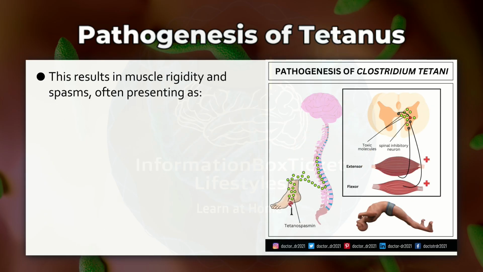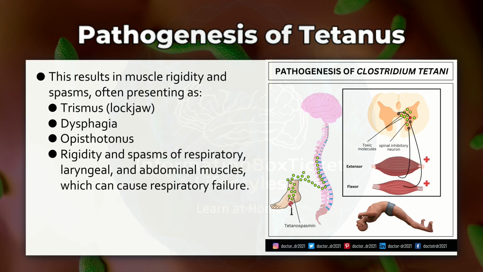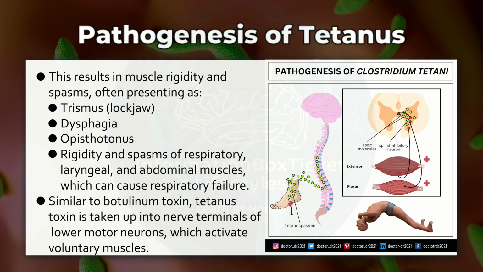This results in muscle rigidity and spasms, often presenting as trismus, lockjaw, dysphagia, opisthotonus, rigidity and spasms of respiratory, laryngeal, and abdominal muscles, which can cause respiratory failure. Similar to botulinum toxin, tetanus toxin is taken up into nerve terminals of lower motor neurons, which activate voluntary muscles.